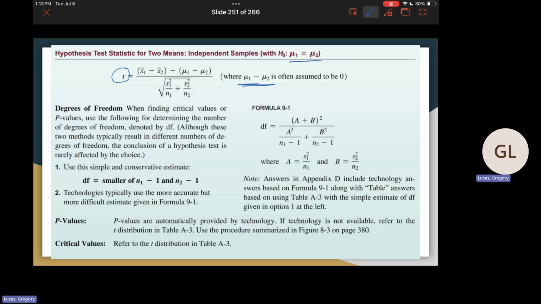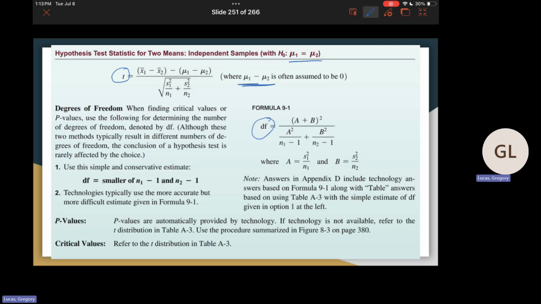One is you just find the degrees of freedom for both and just use the smaller number. I typically do it that way. The other way is more accurate, but shouldn't really matter, using this formula over here. We'll just stick with the conservative estimate: just take the smaller degrees of freedom from the two numbers.